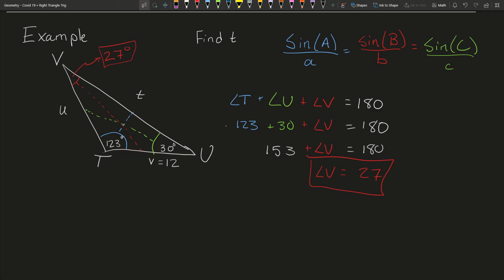All right, then we can set up this ratio. We know we are trying to find T. Actually, I'll just set up the entire ratio.